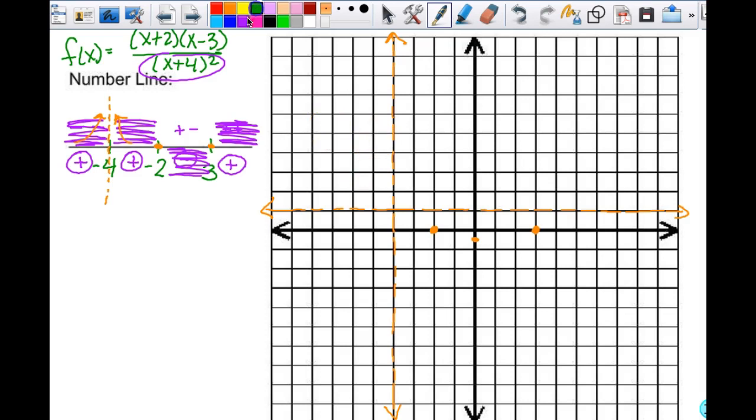And we are going to have to substitute in some numbers. I got nothing there, right? So my x and my y. And so I'm at negative 4. I'm going to try just one on the other side. We'll do negative 5. So if I substitute negative 5 into here, that's going to give me negative 3 times negative 8 over negative 1 squared.